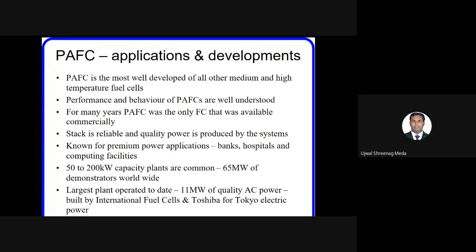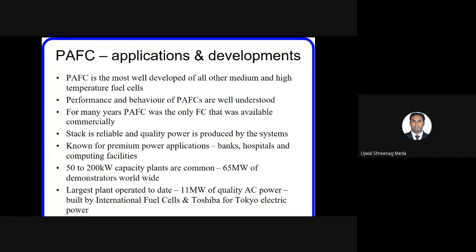And capacity may vary from 50 to a certain number of kilowatts, and 50 to 200 kilowatt capacity plants are very common, and there are examples where the capacity goes as high as 65 megawatt as well.